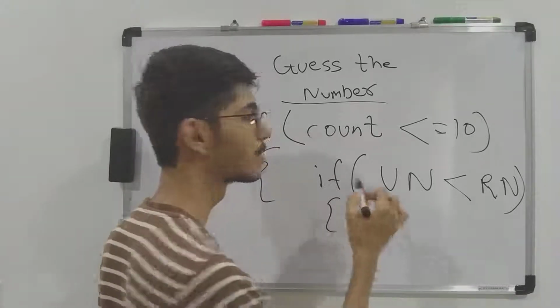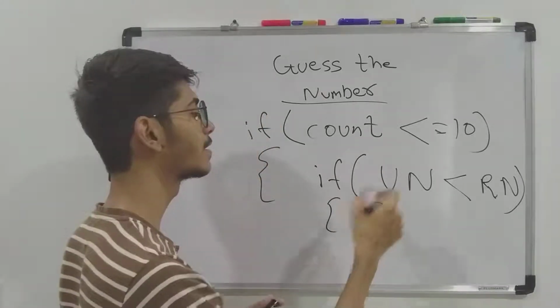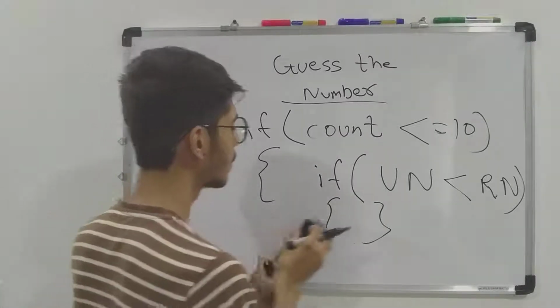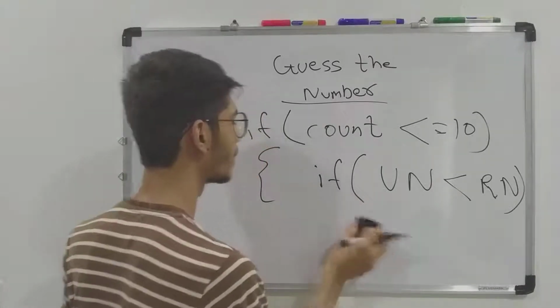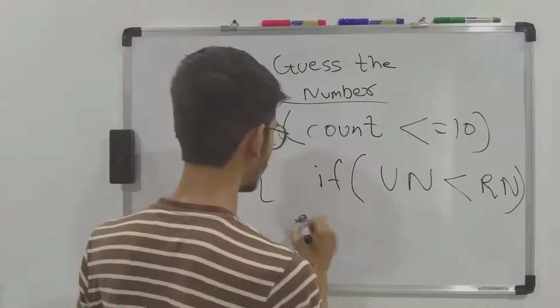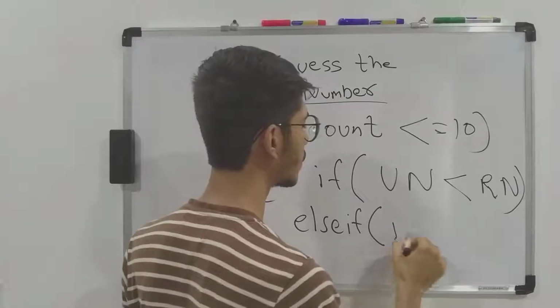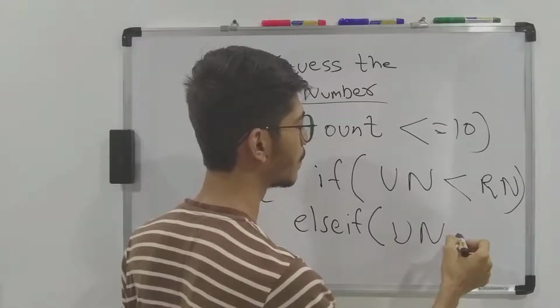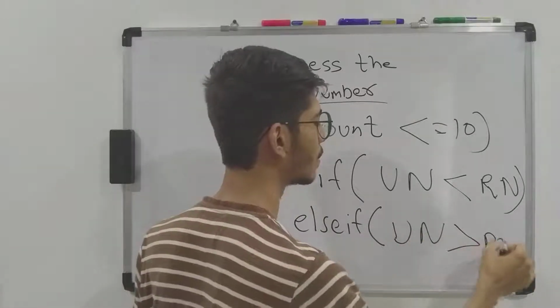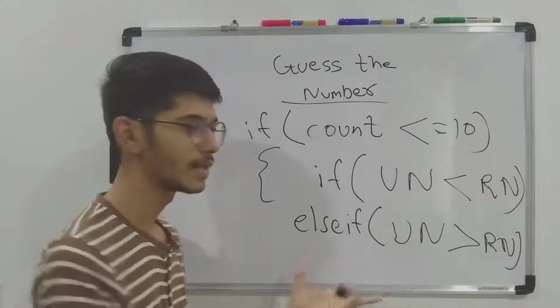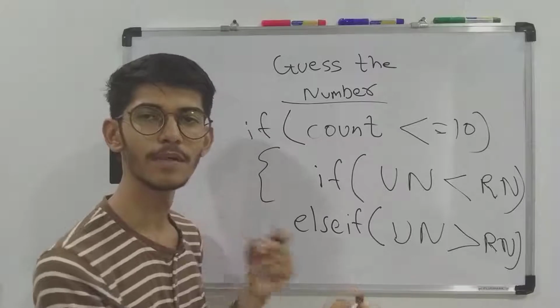If it doesn't, then we are going to write another else if statement. In that else if statement, we are going to check whether the user entered number is greater than the random number. If this is satisfied, then this block will be executed.